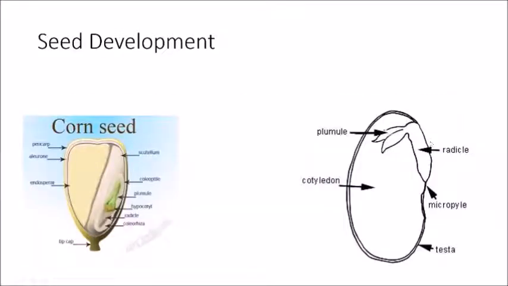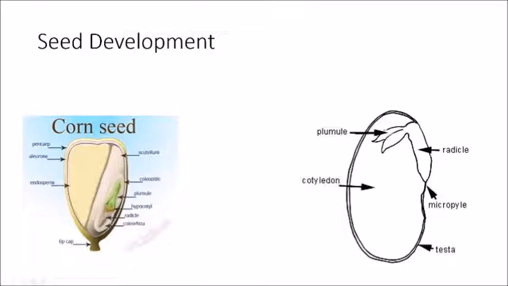Okay, so in addition to that, like I said, you'll also have the cotyledon. Okay, and in the case with monocots, you'll have a plumule, a radicle. You'll also have one cotyledon, which is why we call them monocots, because they have one cotyledon. And you will also have an endosperm that will be created.